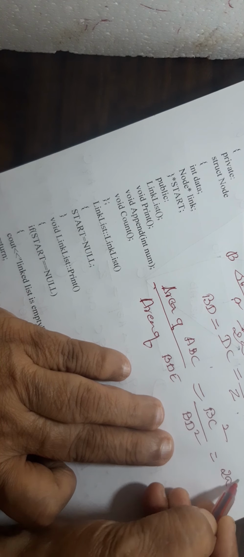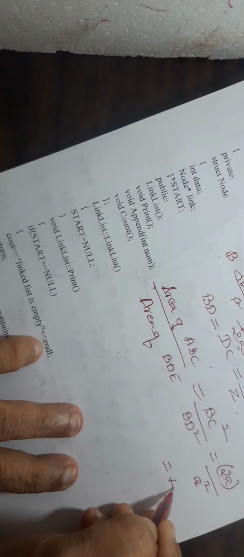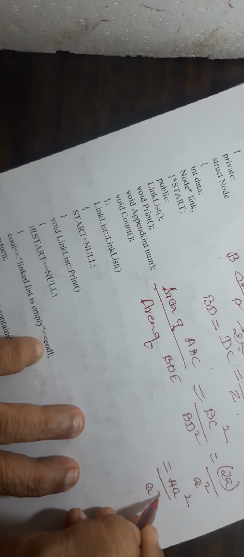BC we have taken as 2A, so 2A the whole squared. This is easier actually. And BD is A, so A squared. So this will be 4A squared by A squared. A squared will cancel, and you must think that it is 1 here. So 4 by 1. So the big triangle's area is 4 times this, just because D is the midpoint.